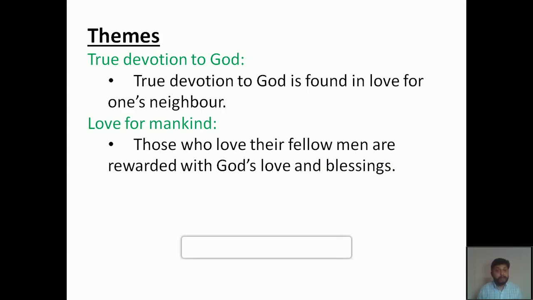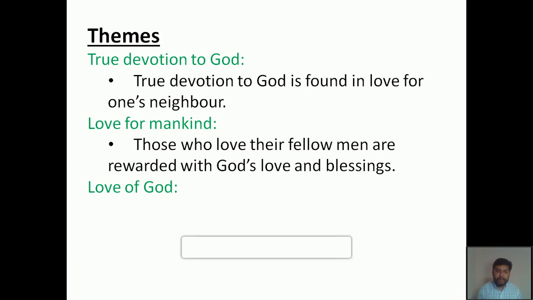If we are able to love our neighbor, those people will be rewarded with God's love and blessings. And the third theme is love of God. So first one, true devotion to God, second one, love for mankind, and third one is love of God.